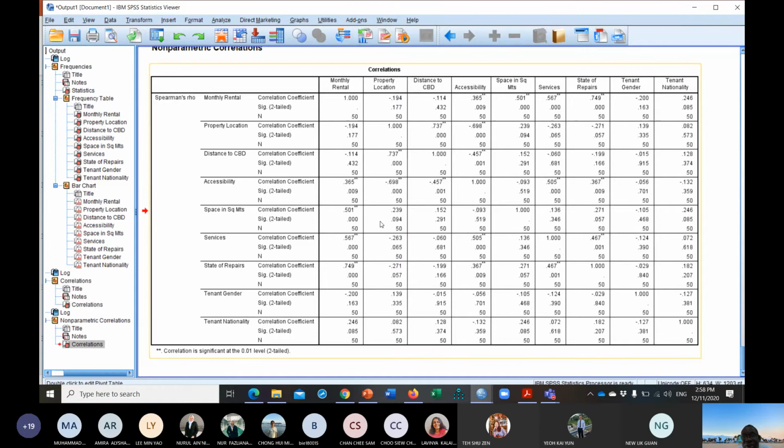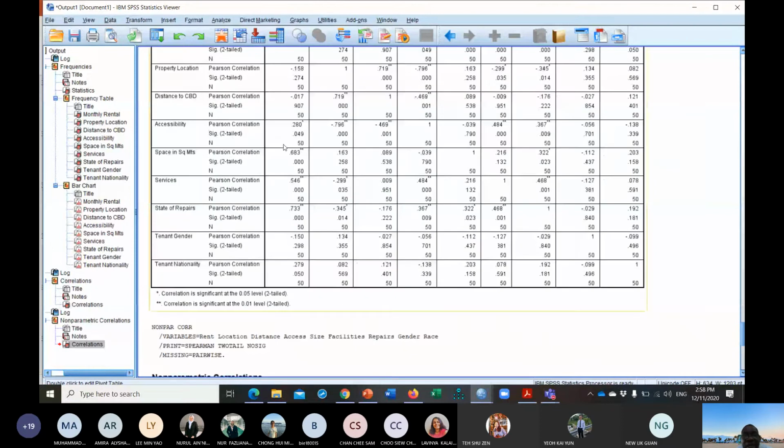If it is less than 0.05, it will be 1 star. Let me see if there is anyone that has 1 star here. Okay, look at this one. Can you see this cell? Accessibility versus income. You can see it has 1 star. So the correlation is significant at 0.05, 2 tail. So the number of stars shows at what level the correlation is significant.